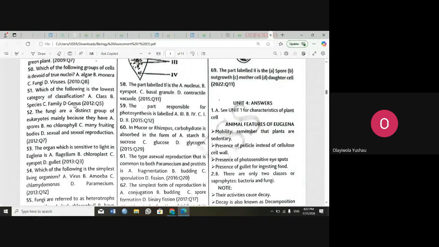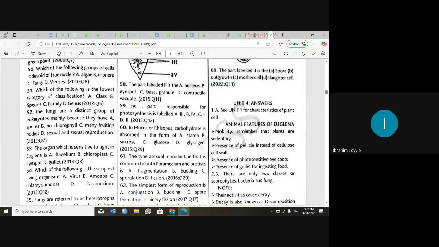The following are a distinct group of eukaryotes mainly because they have spores, no chlorophyll, many fruiting bodies, sexual and asexual reproduction. So fungi are a distinct group of eukaryotes because they have no chlorophyll.